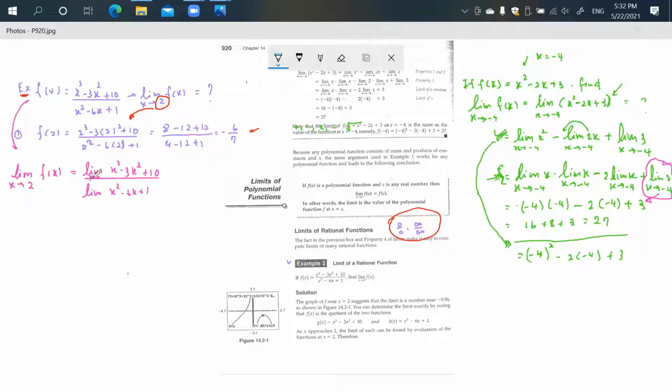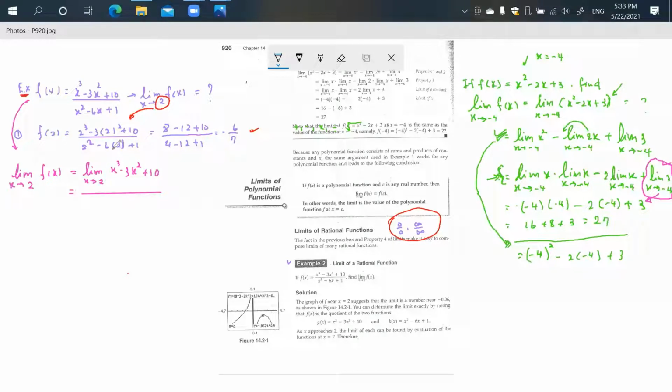The bottom must have x approaches 2 as well, and then divide.